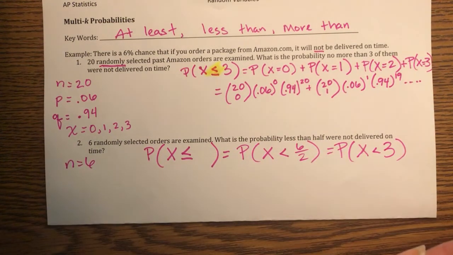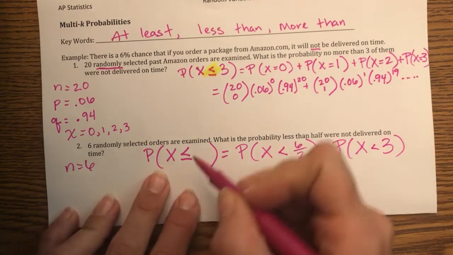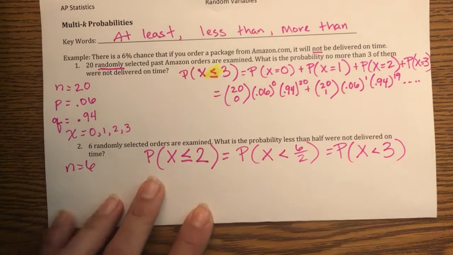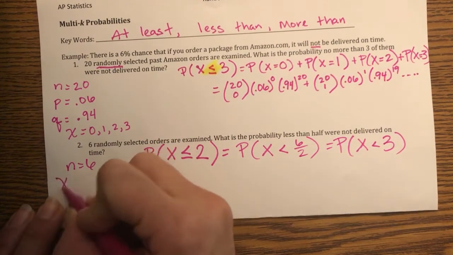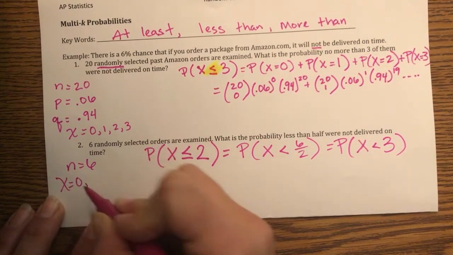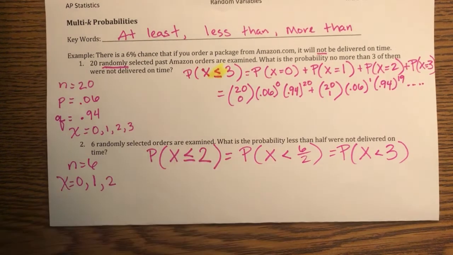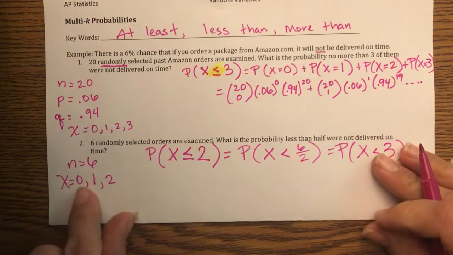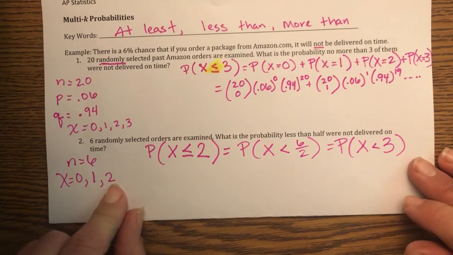Well, since this is discrete, X being less than 3 is the same as X being less than or equal to 2. Meaning I either have 0 packages that are not on time, 1 package that is not on time, or 2 packages not on time. All those values are less than 3 packages not being on time.